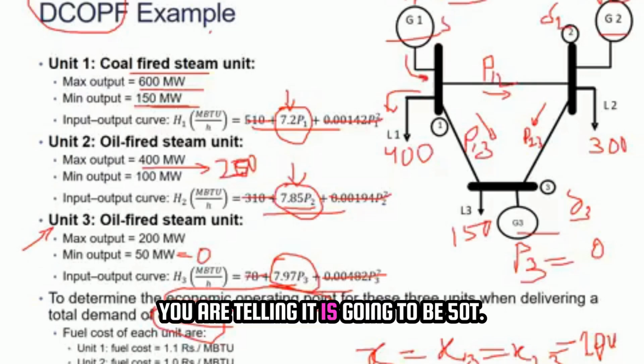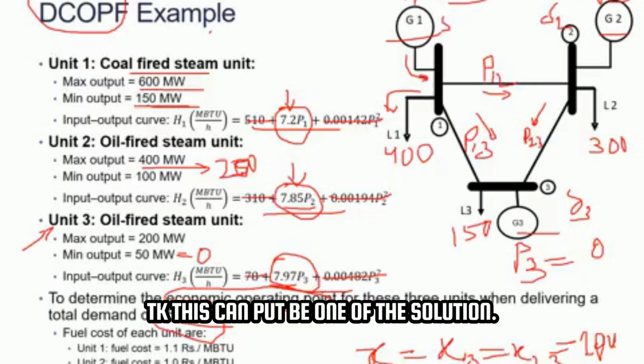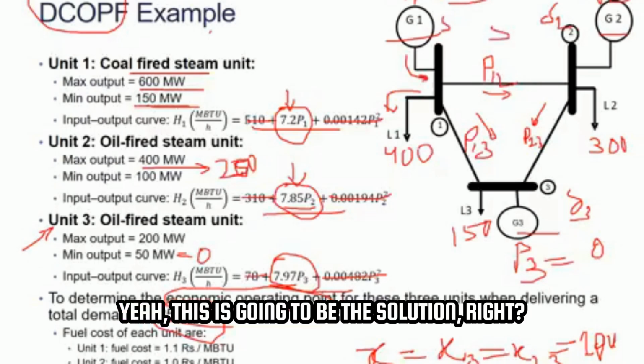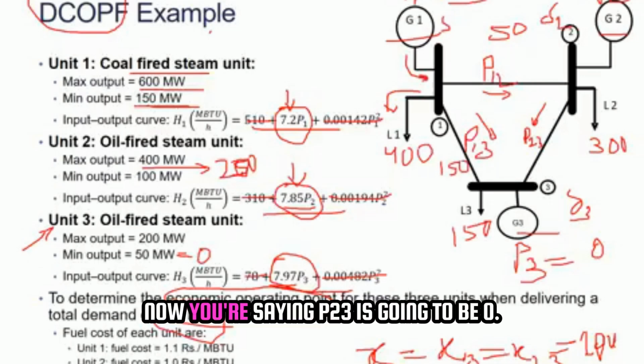P12, you are telling me, is going to be 50. Okay, this could be one of the solutions. Yes, this is going to be the solution, right? So this is 150, right? Now you're saying P23 is going to be 0.